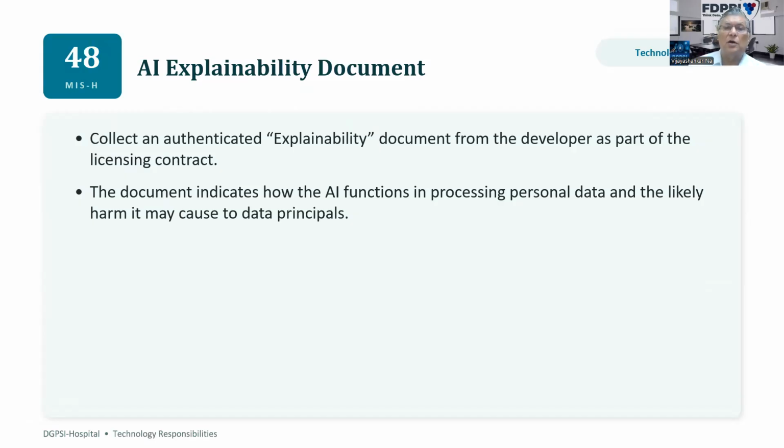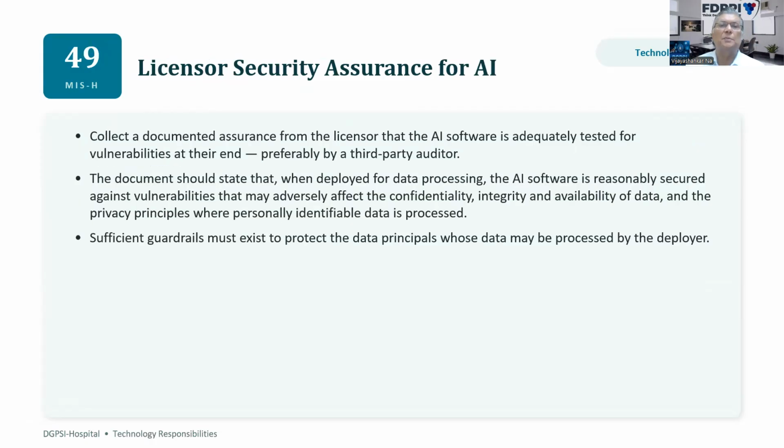The document indicates how the AI functions in processing personal data and the likely harm it may cause to the data principal. You also have to get a licensor's security assurance for AI. Collect a documented assurance from the licensor that the AI software is adequately tested for vulnerabilities at their end, preferably by a third-party auditor.